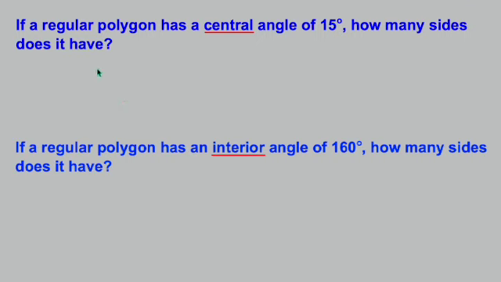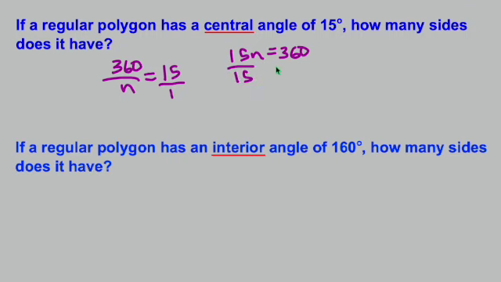So here's what I know. With central angles, if I take 360 divided by the number of sides, it will equal, in this case, my central angle here, which is 15 degrees. I'm going to go ahead and make it into a proportion. So I get 15n equals 360. And then if I divide both sides by 15, I will get the answer.